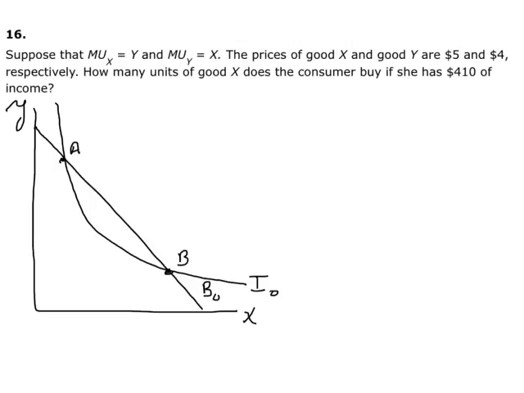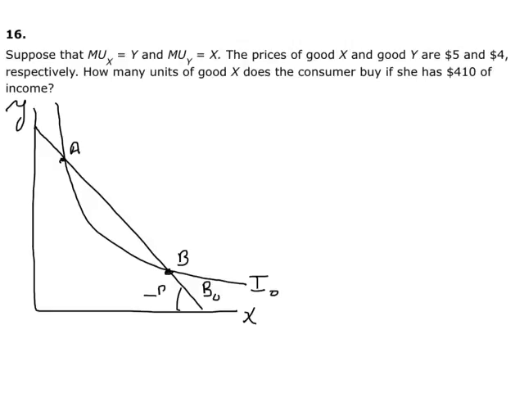or we could be at a B that's not optimal, and that would be if the marginal rate of substitution, delta y over delta x, marginal utility of x divided by the marginal utility of y, is less than the price ratio.